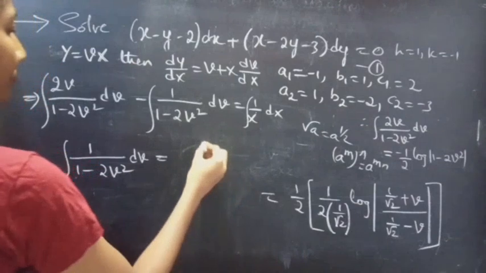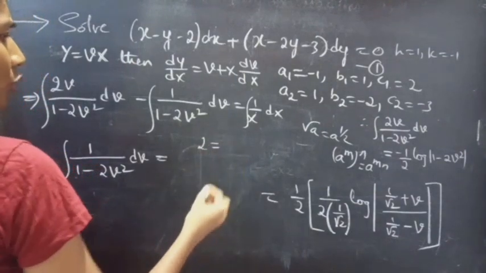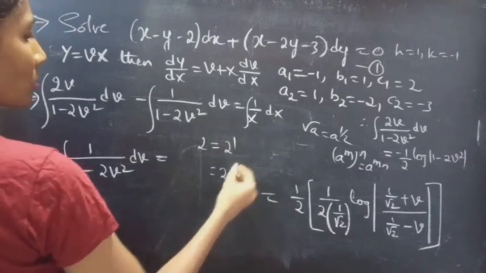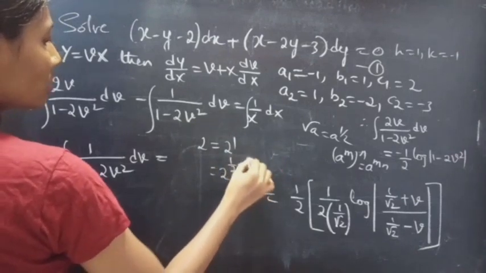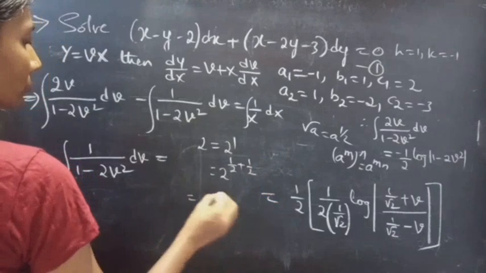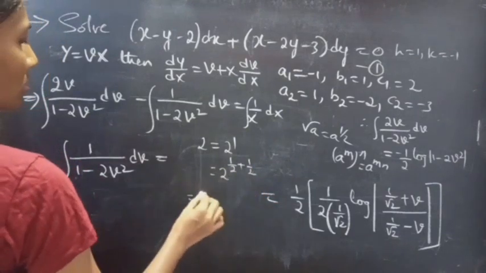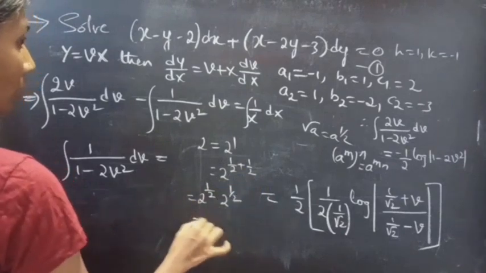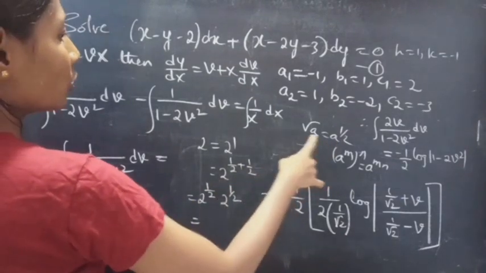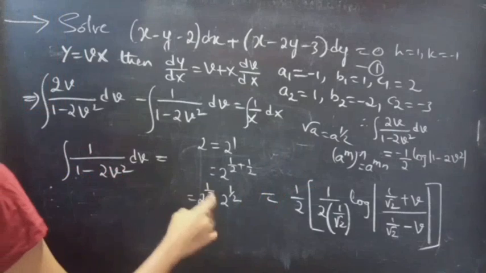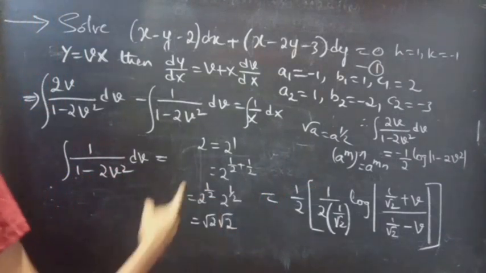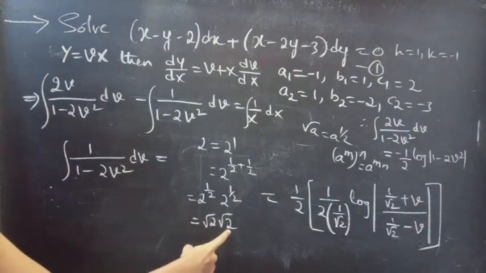We know that 2 equals 2 power 1, right? You can write 1 as half plus half. You can again split this as 2 power half into 2 power half. We know that a power 1 by 2 equals square root of a, then 2 power 1 by 2 can be written as square root of 2. So you can write 2 as square root of 2 into square root of 2.